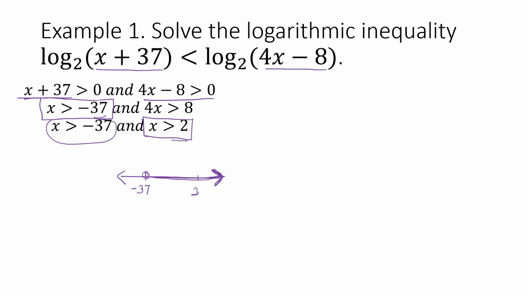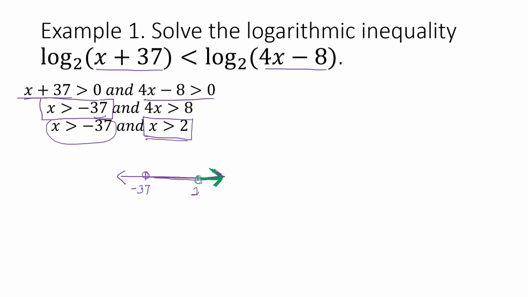For the next inequality, it tells that x is greater than positive 2. So all numbers greater than positive 2. Let's use another column. Since it cannot be equal to 2, again we'll place here an open circle. Numbers greater than 2 are the numbers to its right.